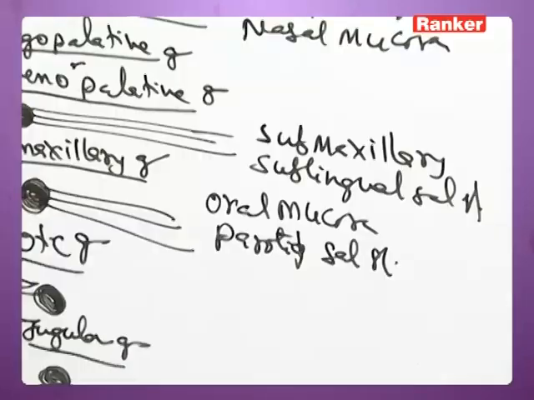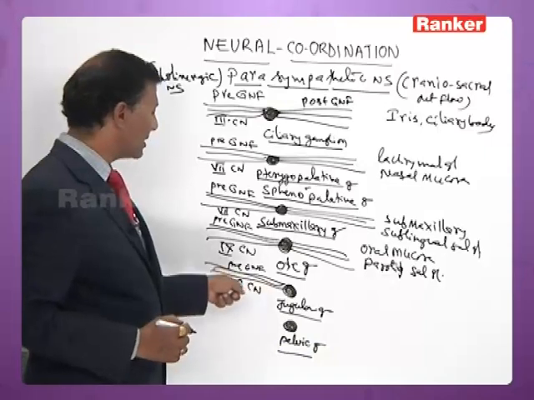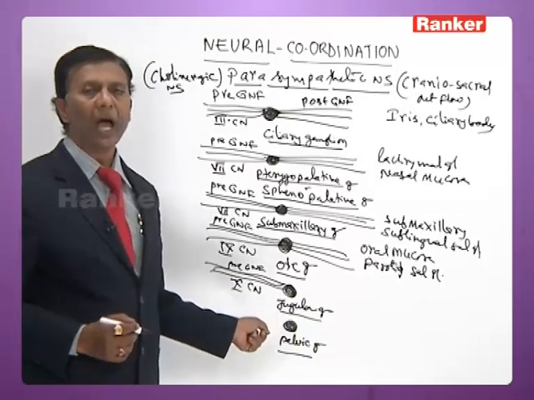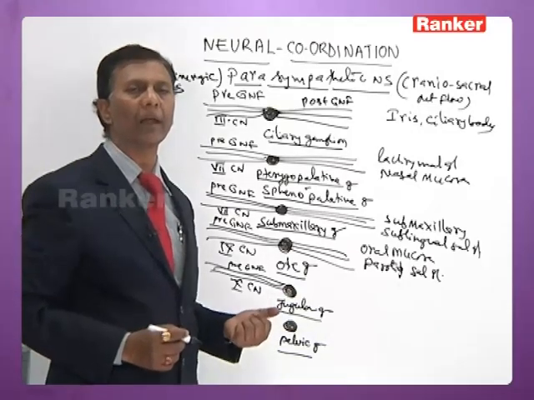Then next you have the jugular ganglion. The preganglionic nerve fibers of the jugular ganglion are associated with the 10th cranial nerve, the vagus, which is the longest cranial nerve in the human body.